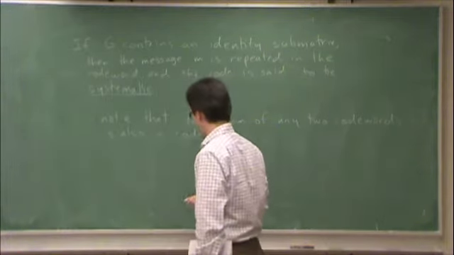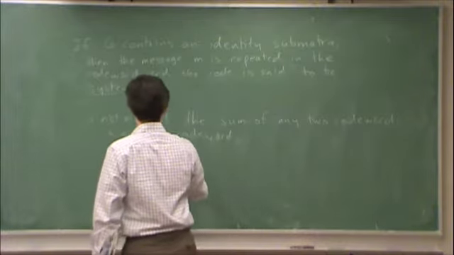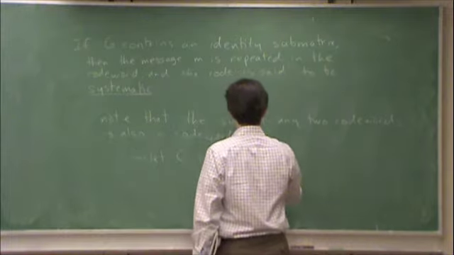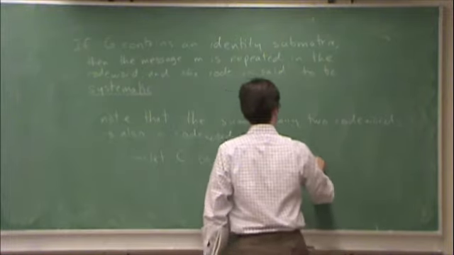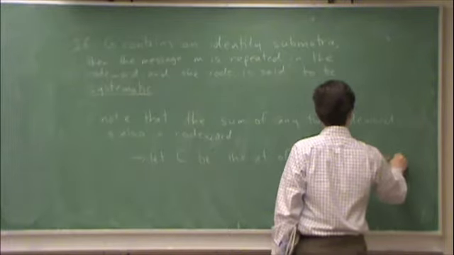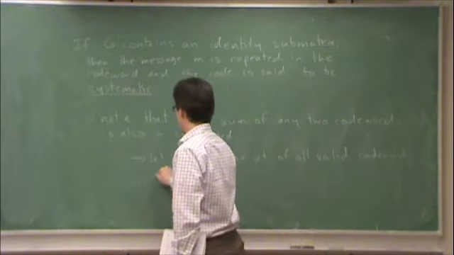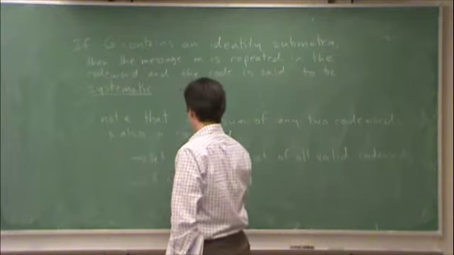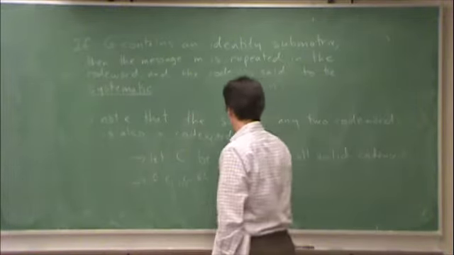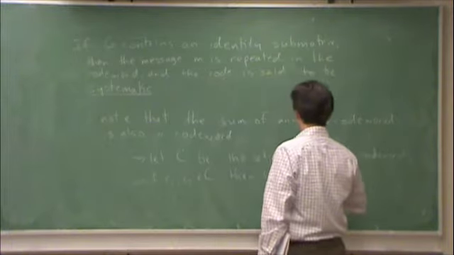In other words, let C be the set of all valid code words, then we have: if C1 and C2 are both in the code, then C1 plus C2 mod 2 is in the code.